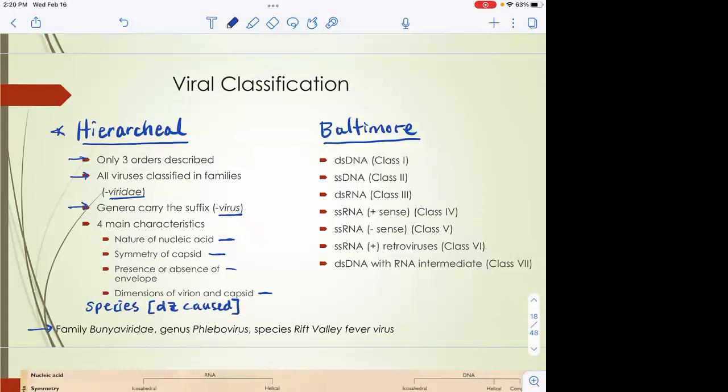In this example, the species is Rift Valley fever. That's the disease that this virus causes. And then you tack the word virus on the end of it. So Rift Valley fever virus, that's the description of the infection that we suffer from it.